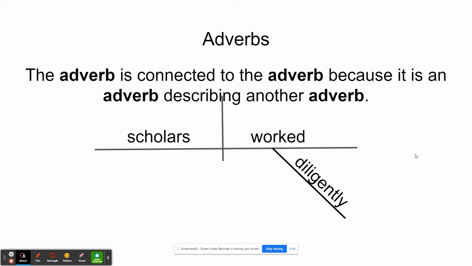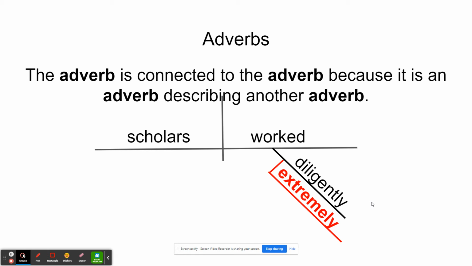You guessed it, we have an adverb describing an adverb. It looks like this: extremely diligently. An adverb, extremely, describing an adverb, diligently. And then I also quickly said, don't forget about the.